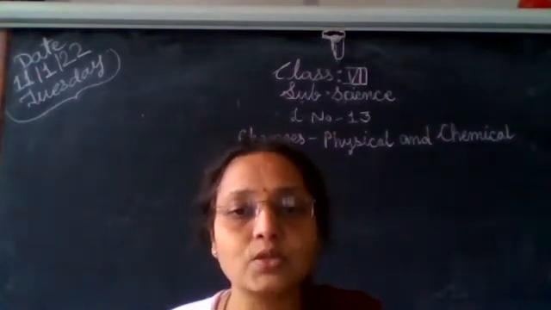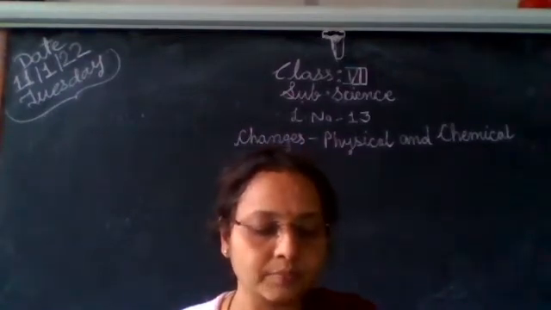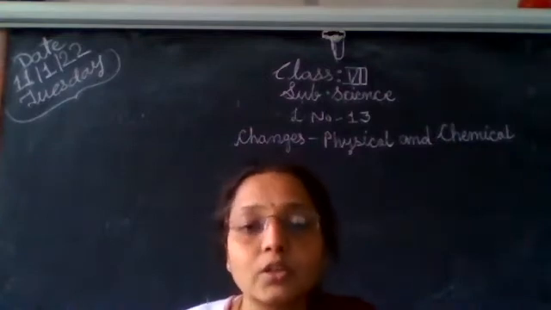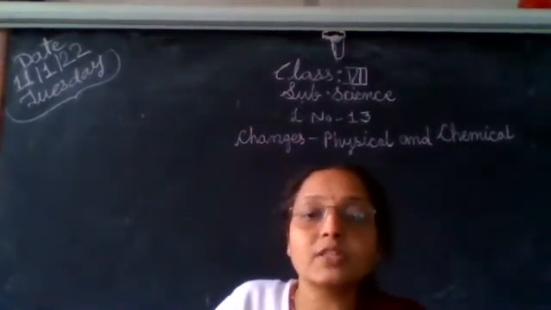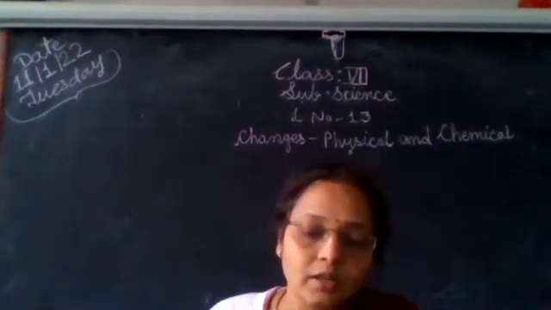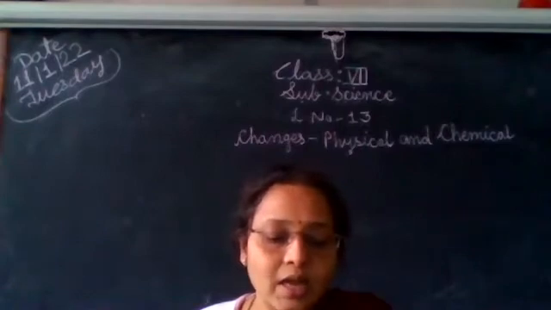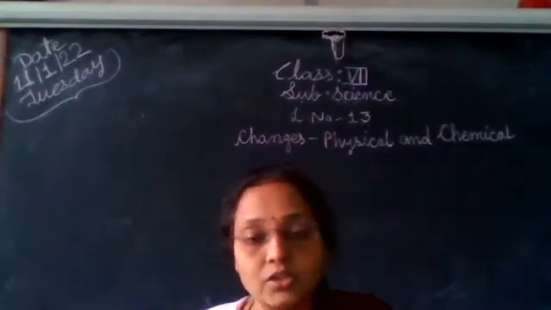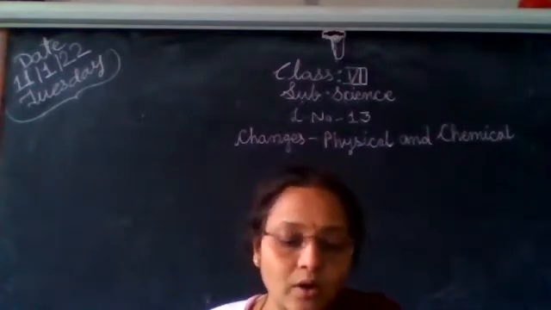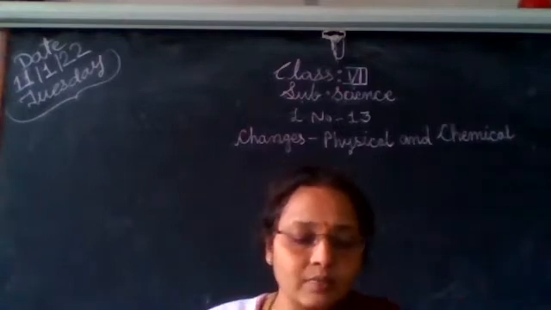So a change in which no new substance is formed is called a physical change. The changes in state, size, and shape of a substance are physical in nature, so they are called physical changes.